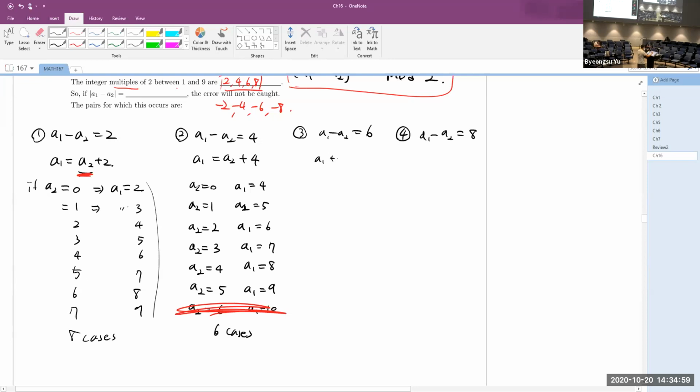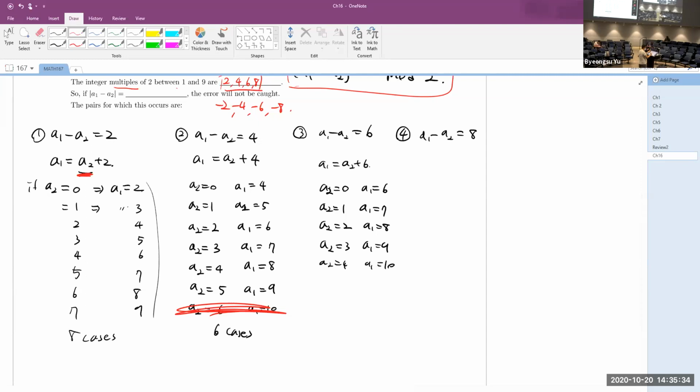And do the same thing here, A1 equals A2 plus 6. Again, start with A2 is 0, A1 is 6; A2 is 1, A1 is 7; A2 is 2, A1 is 8; A2 is 3, A1 is 9; A2 is 4, A1 is 10, but 10 is not allowed, so this case is not allowed. So A1 minus A2 equals 6 has 4 cases.